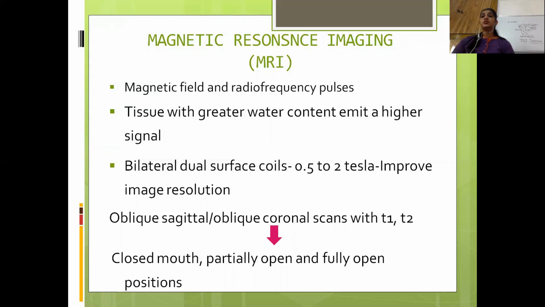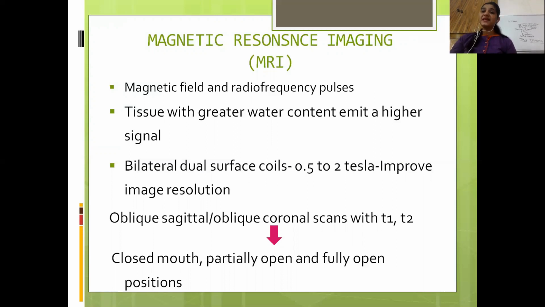Tissue with greater water content emits a higher signal, and bilateral dual surface coils of 0.5 to 2 Tesla are used, and we shoot in T1 and T2 weighted images. The 0.5 to 2 Tesla improves the image resolution.